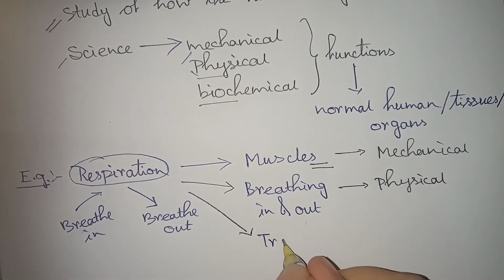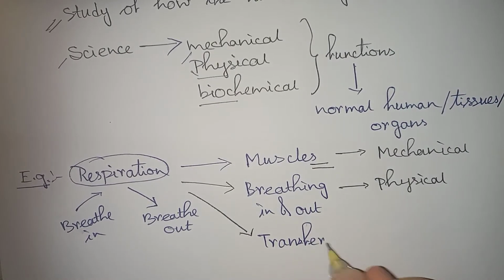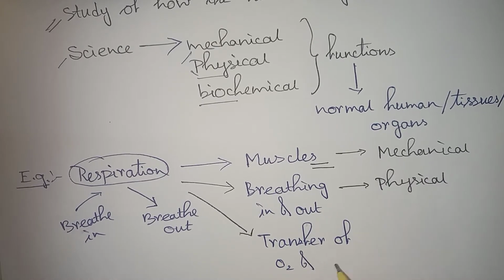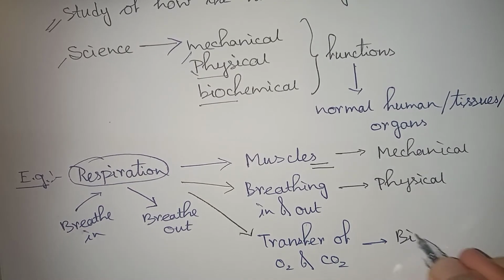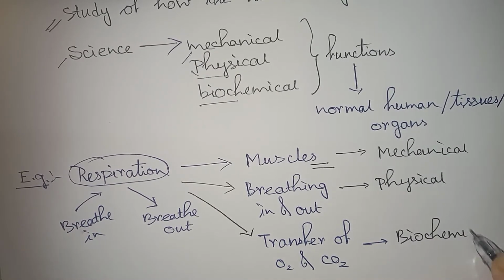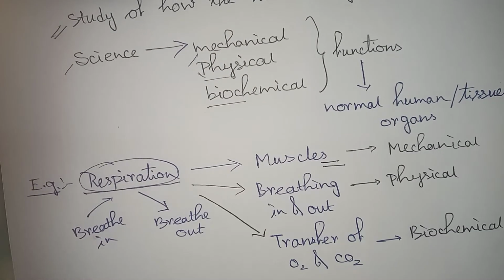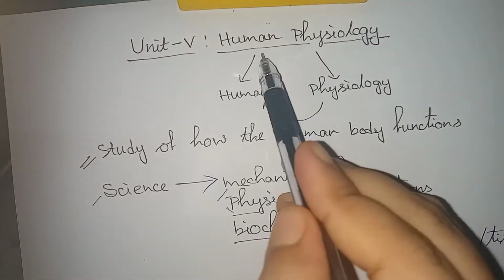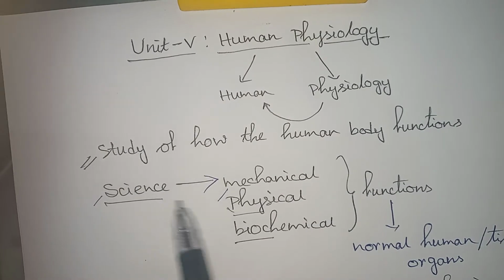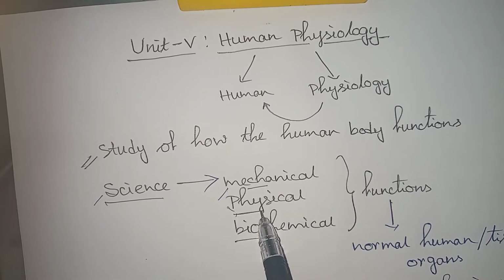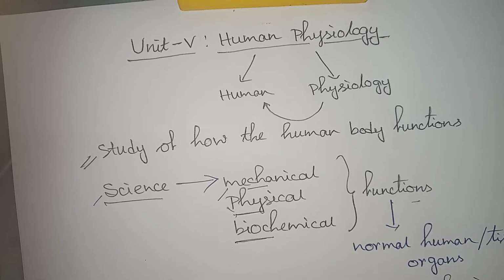The transfer of oxygen and carbon dioxide is the biochemical function which we can find in respiration. So now it is clear with this example that human physiology is the science of the mechanical, physical and biochemical functions of normal human tissues or organs.